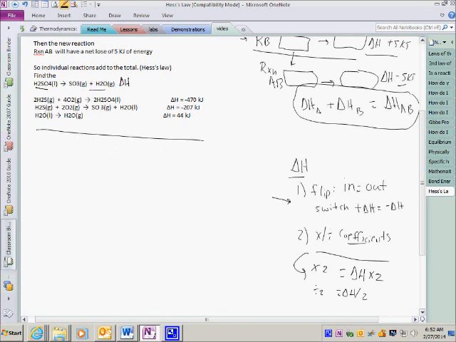Now, the first thing I do when trying to set up these individual reactions is figure out whether my reactants and products are on the right sides. As I look at this, my reactant is H2SO4, producing sulfur trioxide and water. I notice right off the bat that my main reactant is on the wrong side. This one has to get flipped.